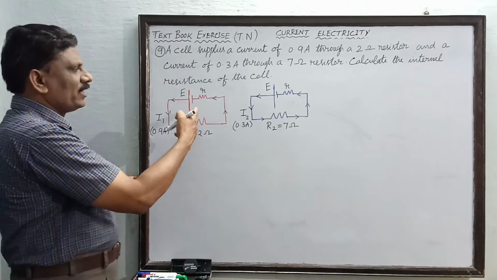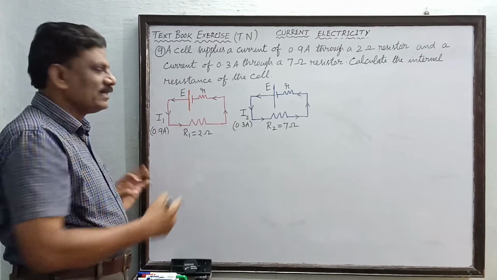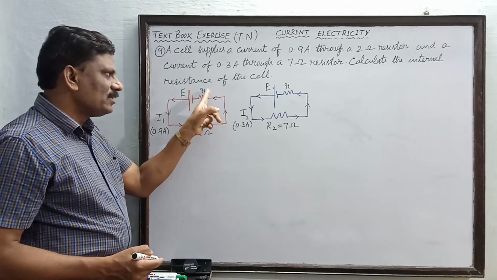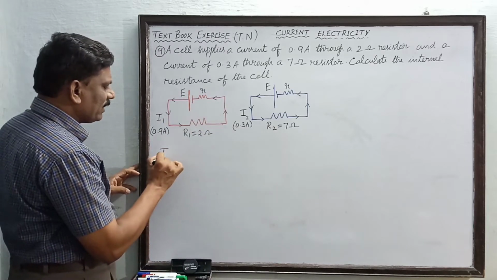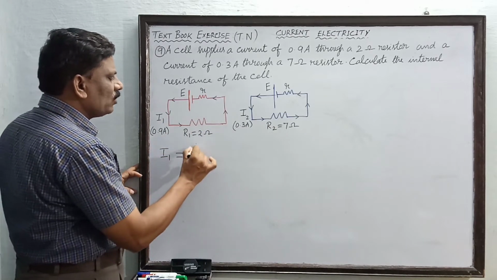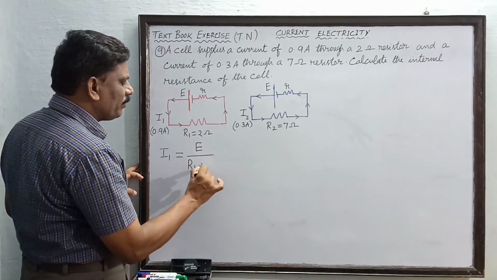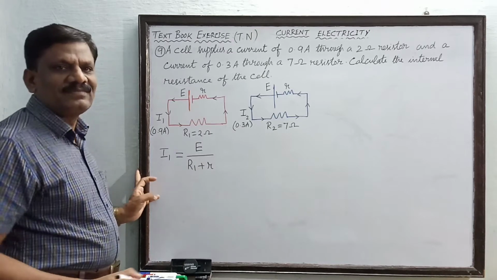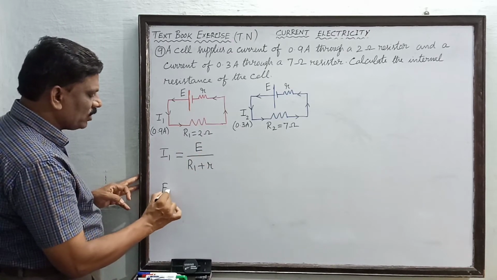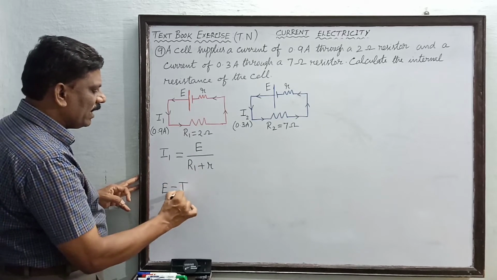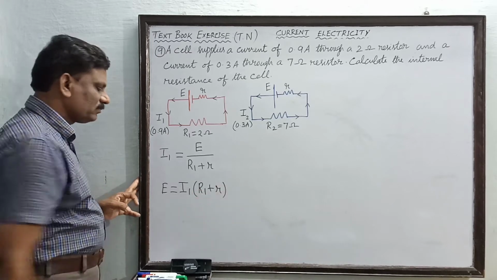In the first circuit, the total resistance in the closed path is R1 plus small r. Therefore, the expression for current I1 is equal to EMF E divided by the total resistance R1 plus small r. Or the same equation, E is equal to I1 into R1 plus small r.